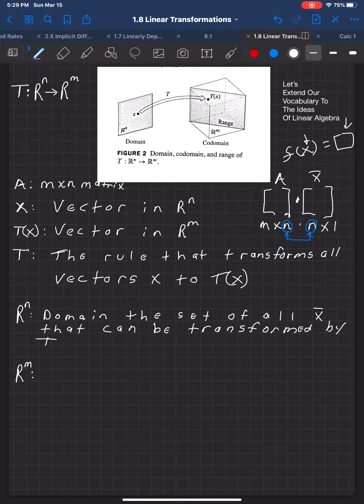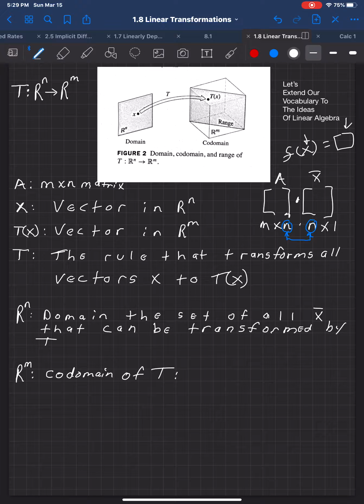So in this case, Rm is how we represent the codomain of T. It's the set of values that could come from the transformation. Okay.